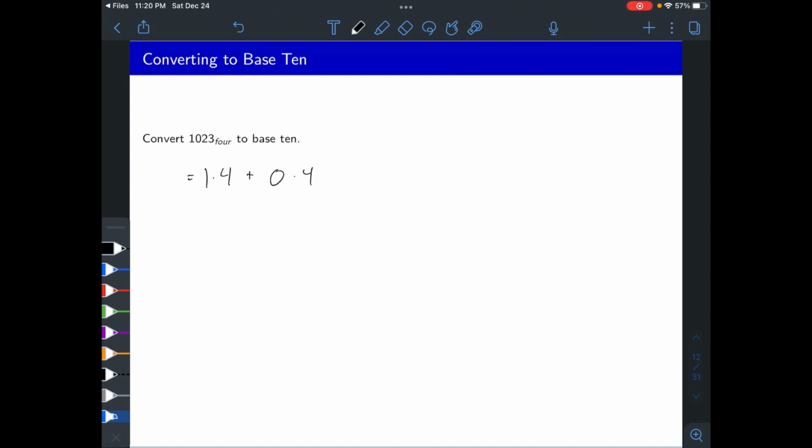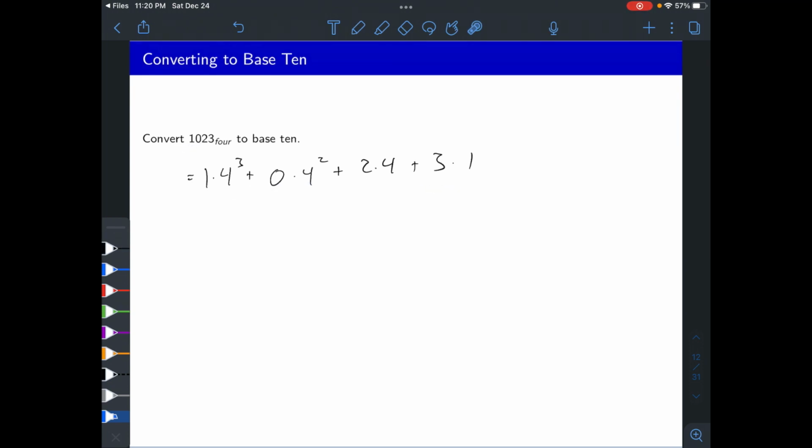This would be 4 to the 2. This would be 4 to the 3. And then 2 groups of 4 to the 1. And then 3 groups of 1. Okay, so this is our 1's place, 4's place, 4 squared's place, 4 cubed place. So that's what this number represents.